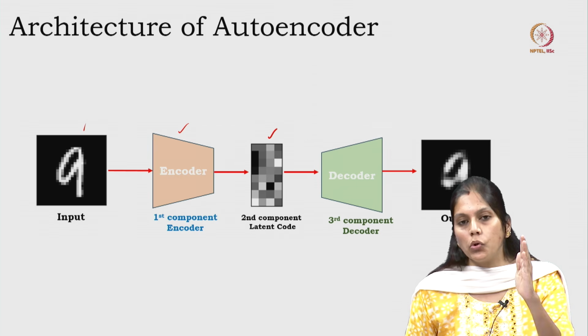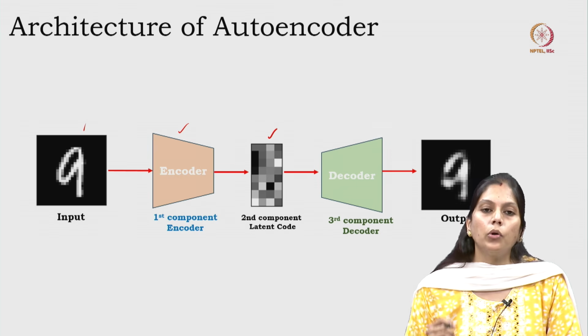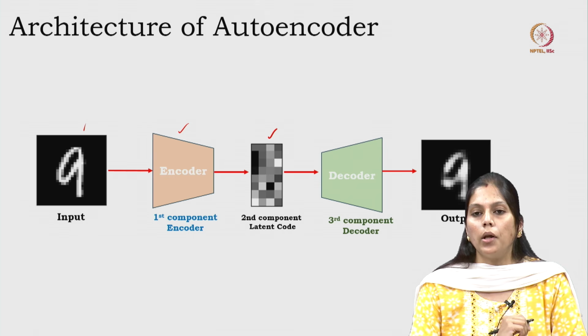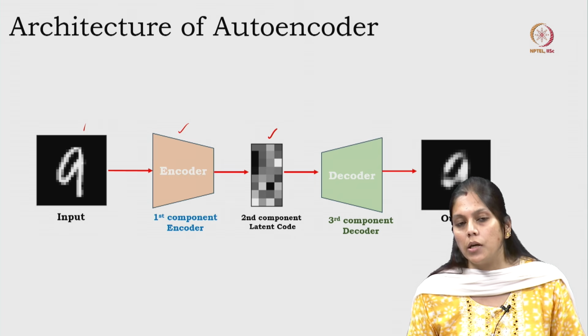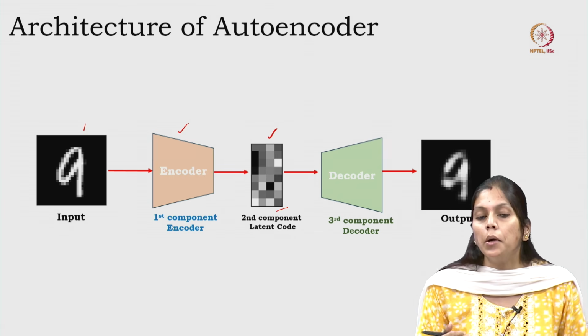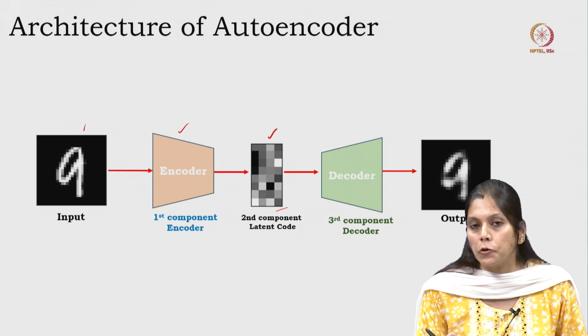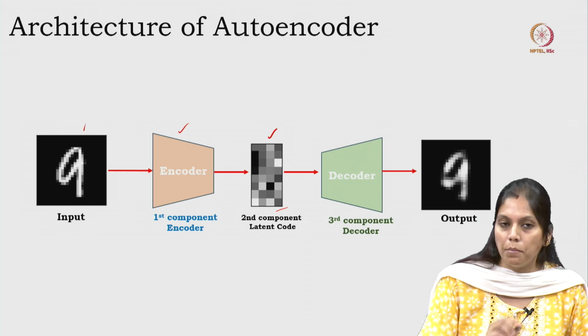So input is passed to an encoder, the encoder is learning that data, and the output of the encoder is a smaller representation of that input data. When I say a smaller representation, it consists of only those important features of this input.